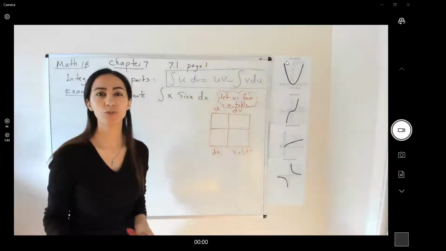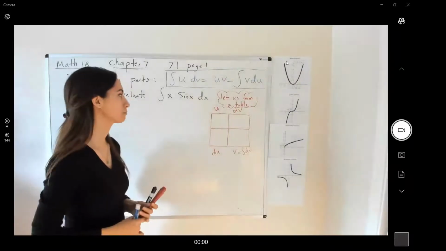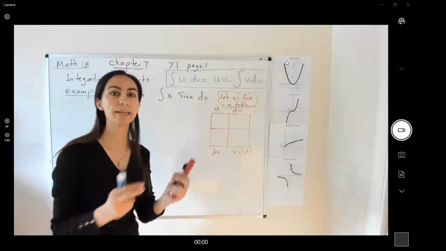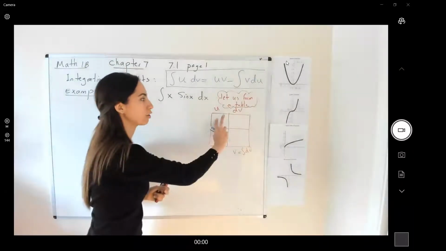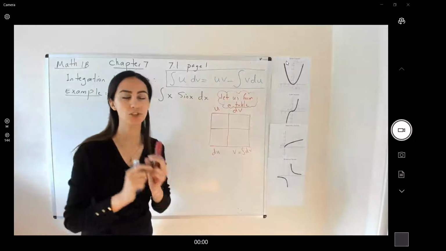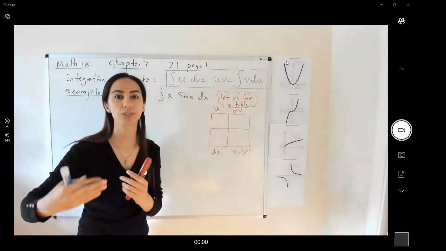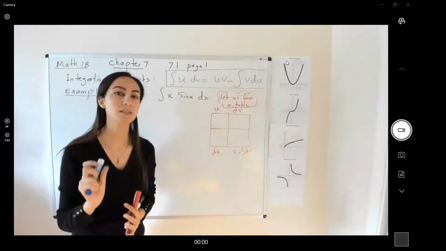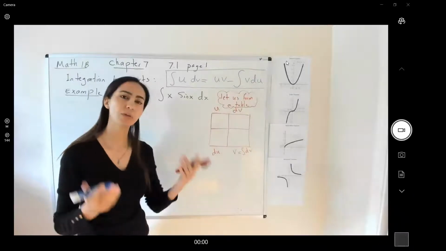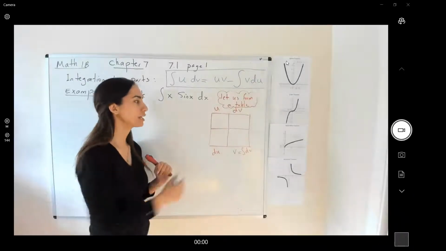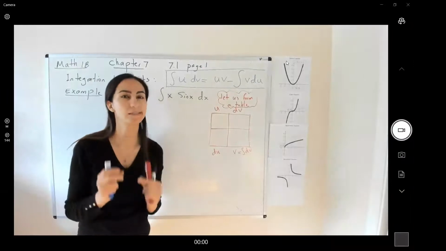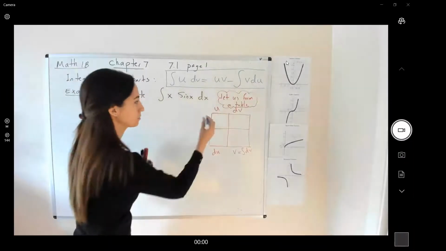So what is my u? What is my dv? There is no easy way to identify u and dv. Just note that you're trying to get rid of some of the terms. So you might say, hey, I'm going to take u to be sine x.